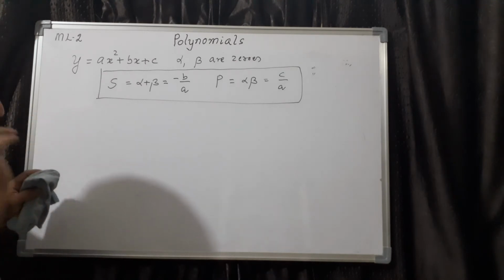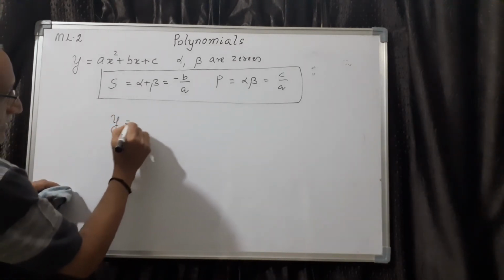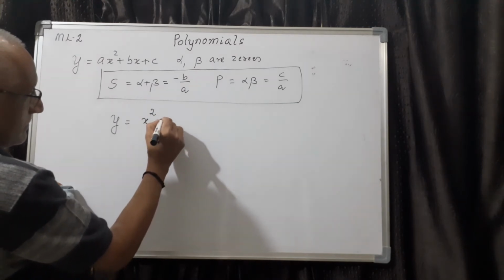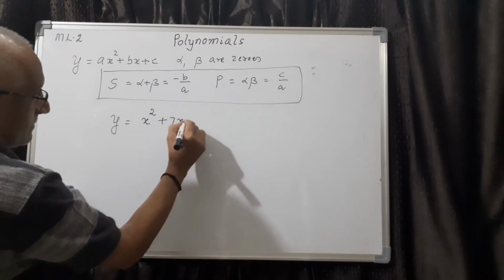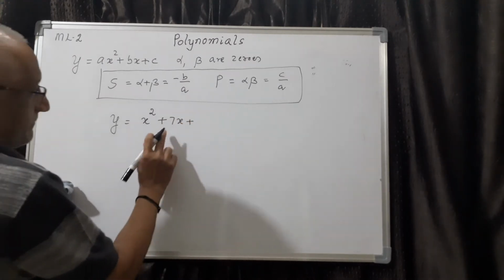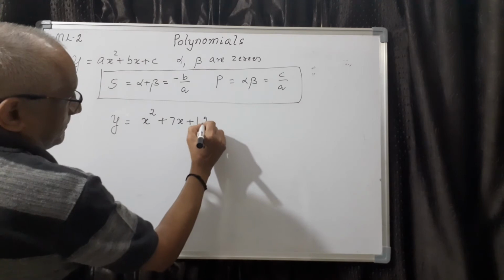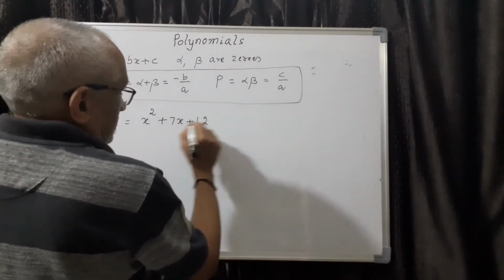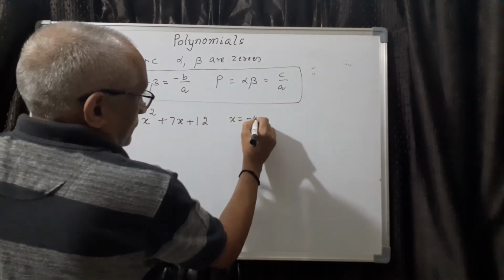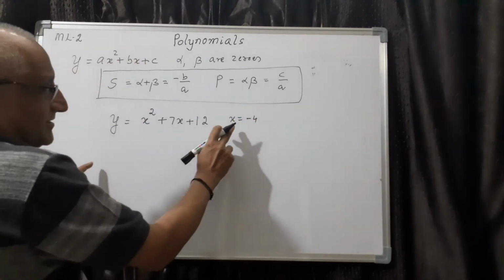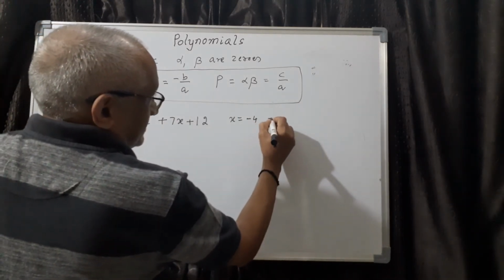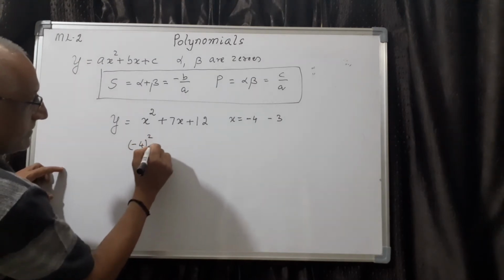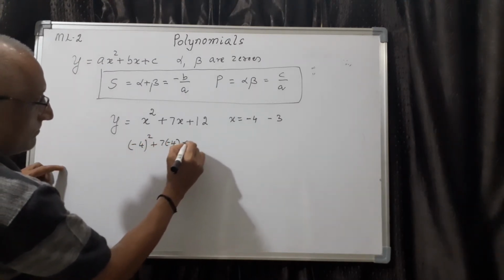Before proving, let me give one more example. Let us take, for example, y equal to x square plus 7x plus say 12. You can see here, x equal to minus 4 and minus 3 are zeros, because I have constructed it. We can check: minus 4 square plus 7 into minus 4 plus 12.